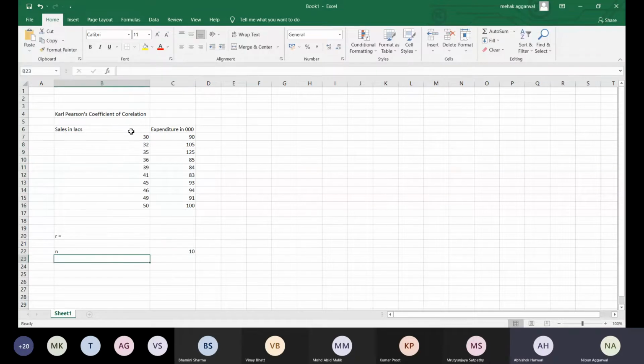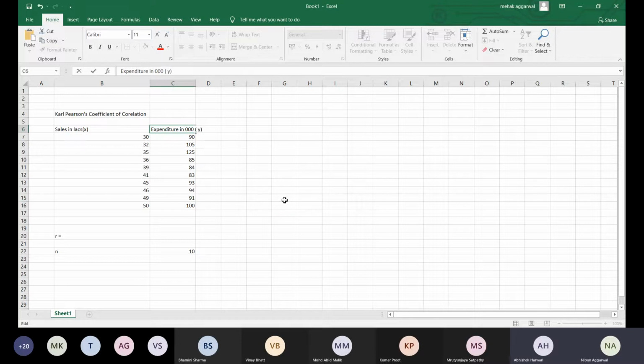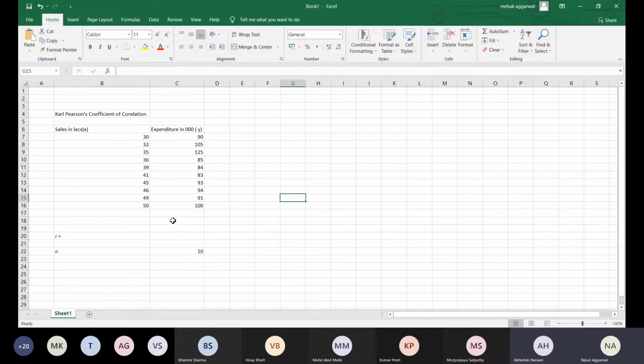Then let's take this as x. We will take any variable as x, any variable as y. So let's suppose the first variable is x and this is your y. Fine. So first thing is you have to calculate n summation xy.